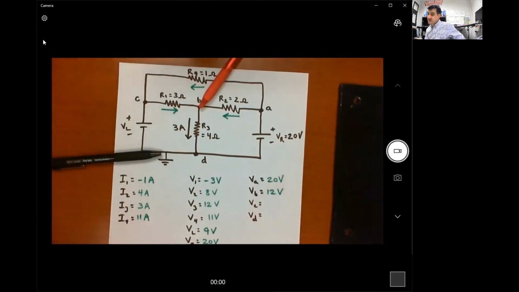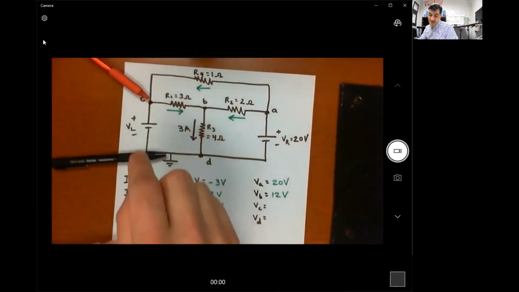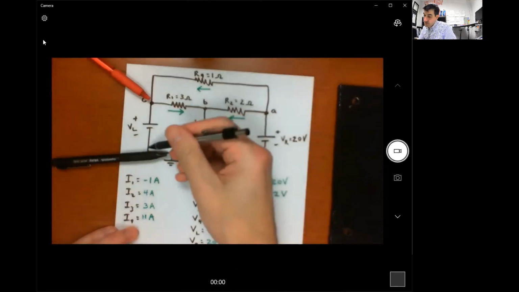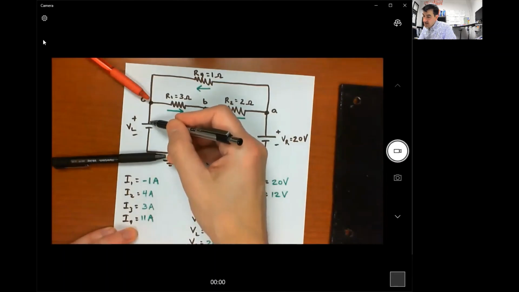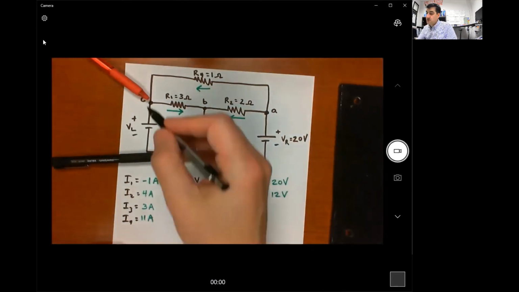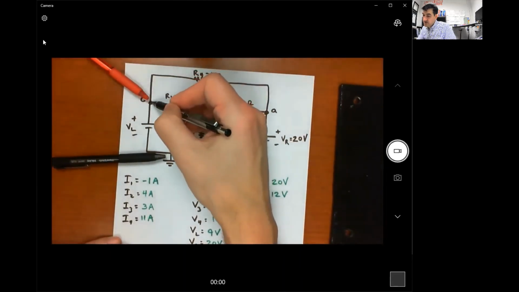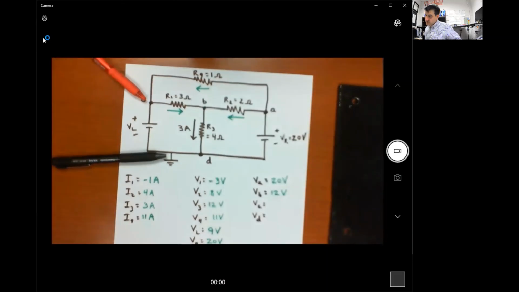And then the voltage at C, this is another pretty easy one. The easiest way to get from ground to node C is to go through the left voltage supply. And when I go from the negative to the positive side, I gain V sub L, which was 9 volts. So the voltage over here at node C, in this corner up here, is just 9 volts.